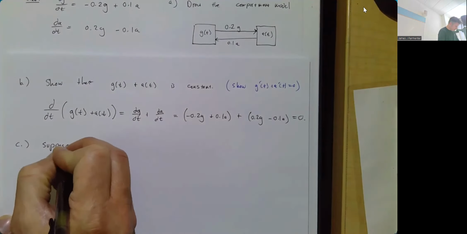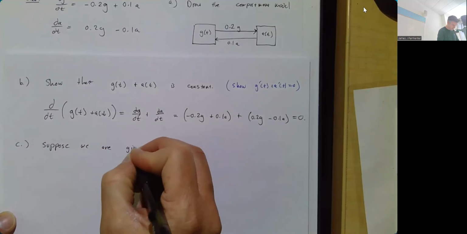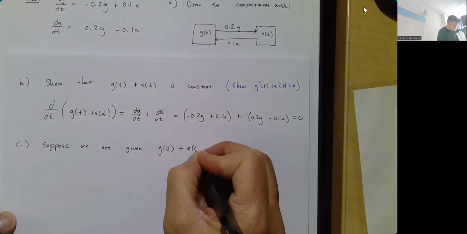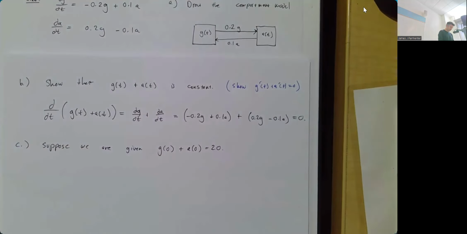Suppose that we are given that g of 0 plus a of 0 is equal to 20. So the amount of gap at time 0 plus the amount of area occupied by adult trees at time 0 is equal to 20. I like acres.